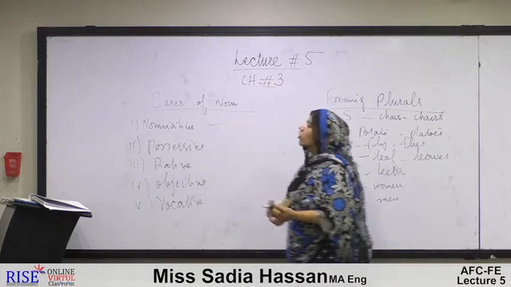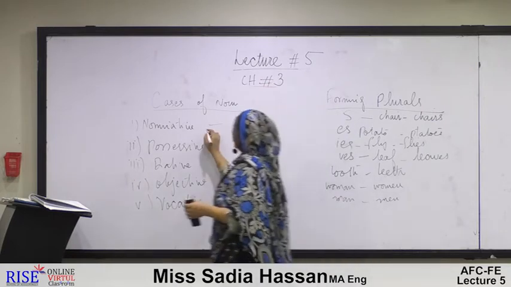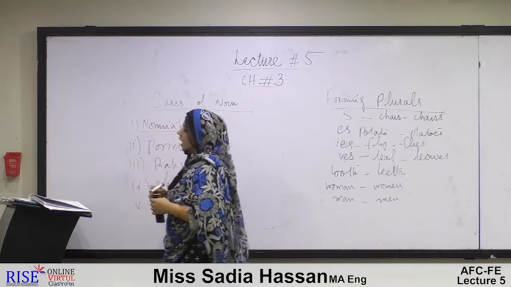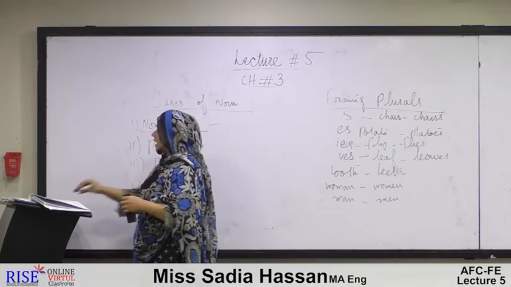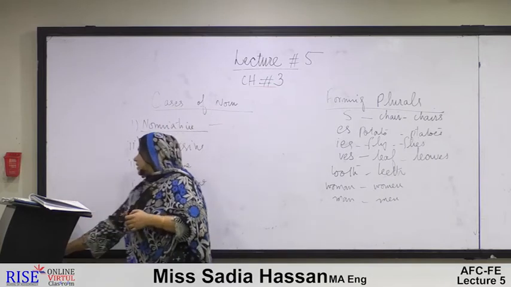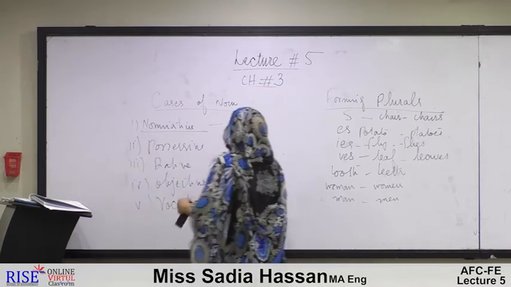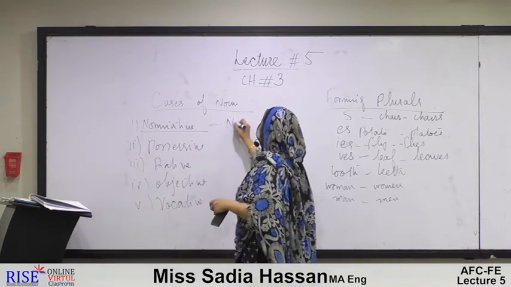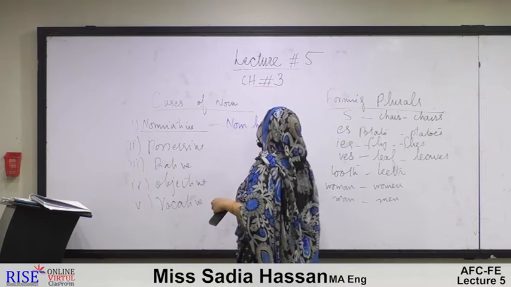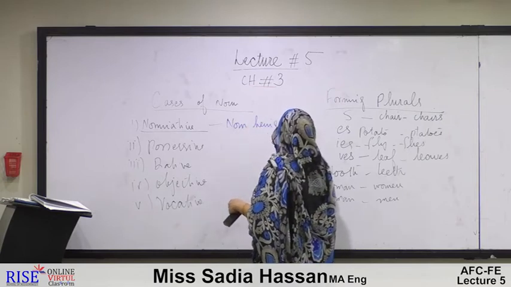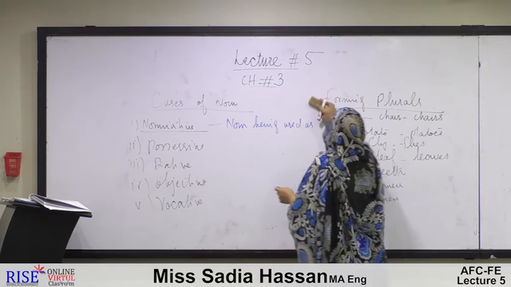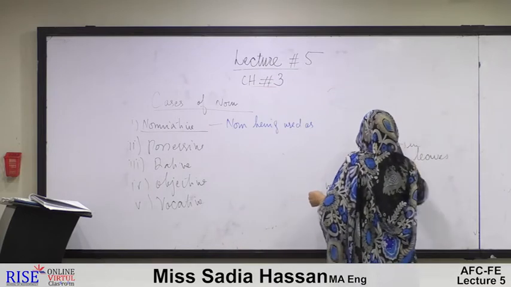What do we mean by nominative? As the name shows, whenever a noun is being used as a subject in a sentence, it is called nominative. Noun being used as subject.